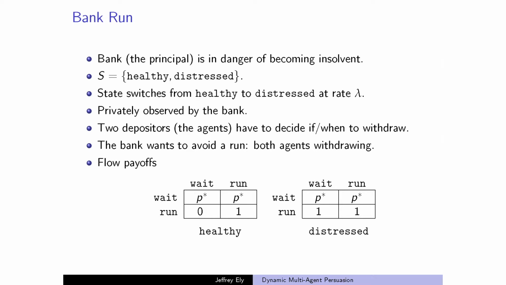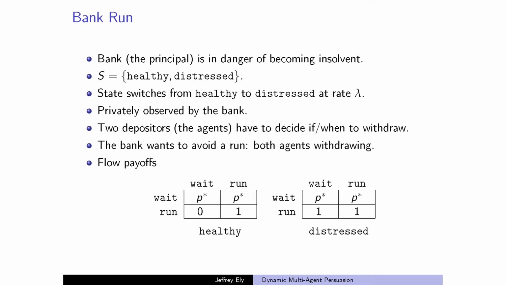and each agent knows that the other agent is receiving possibly private signals from the bank. Okay? So for each agent, he needs to keep track of not just the probability of this part of that event, but also the probability of this part of that event.